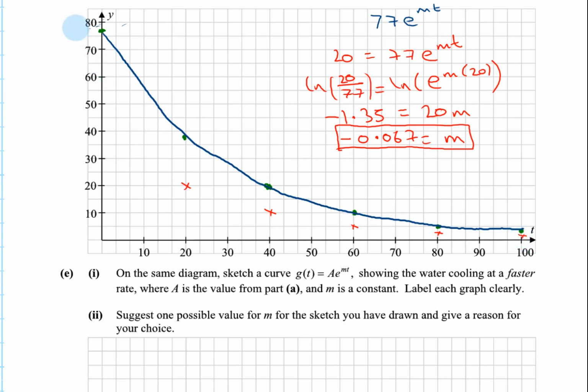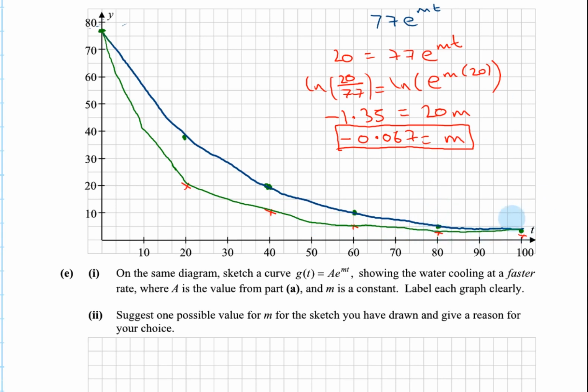Let's say we pick green. So it would still be at 0, it would still be 78 degrees, but it would just be dropping much quicker. So we can see it like that.